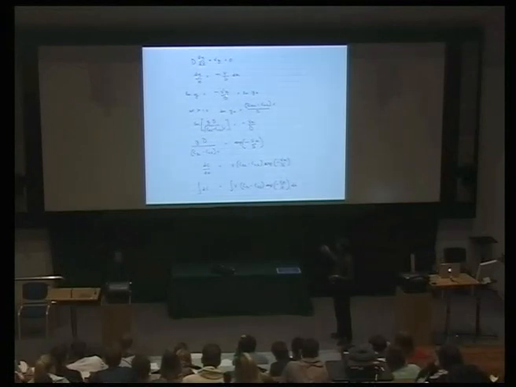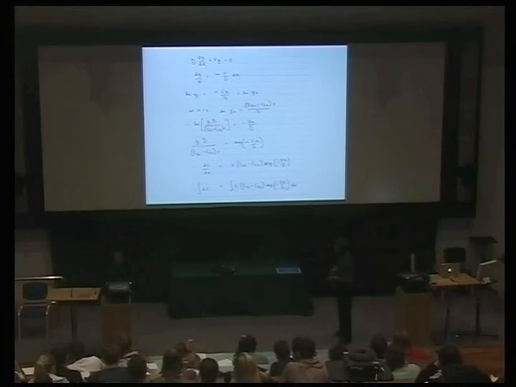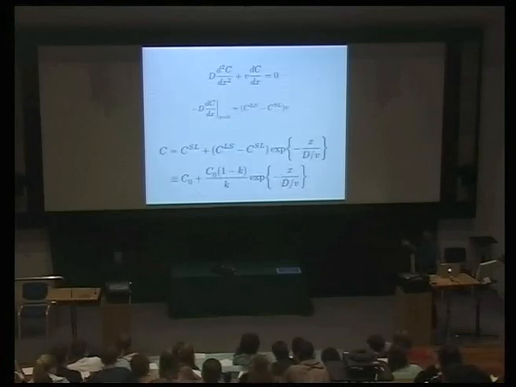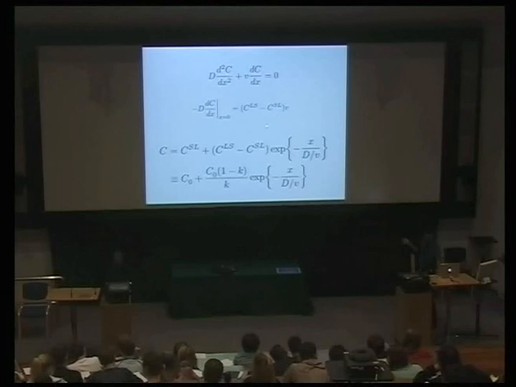The integral of dx is x, and this is an integration constant. And that integration constant I can solve for using, I'll come back to this slide, okay, this condition here, because I know that at x equals 0, the gradient is given by this divided by minus D, okay?